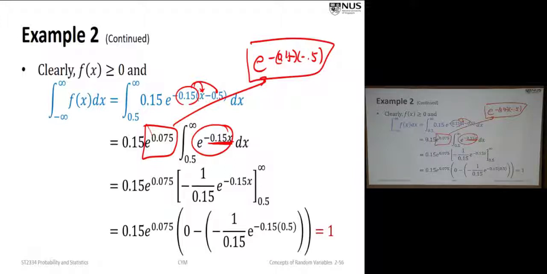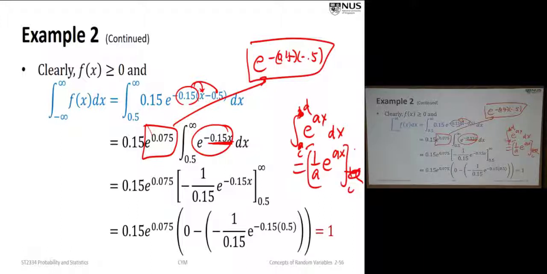Then you do the integration. So remember, integrate e to the power ax dx. The answer is 1 over a times e to the power ax. If I have no limit, then I add a constant. If I have a limit, let's say c and d, then it is evaluated from c to d.